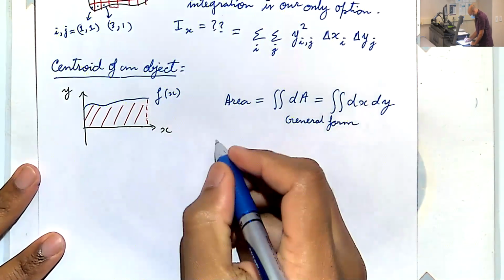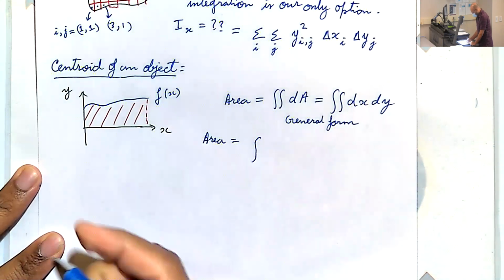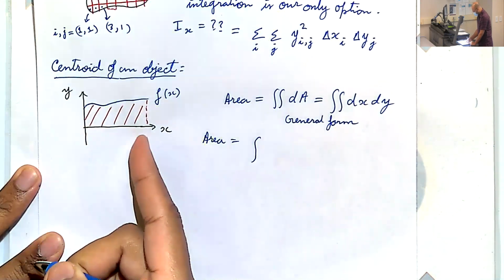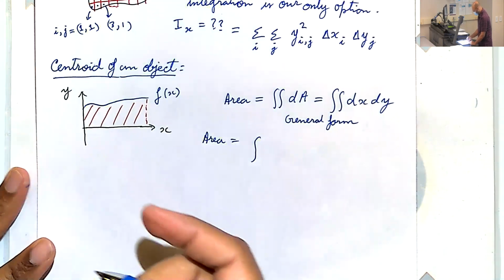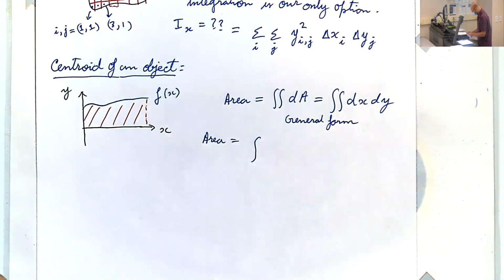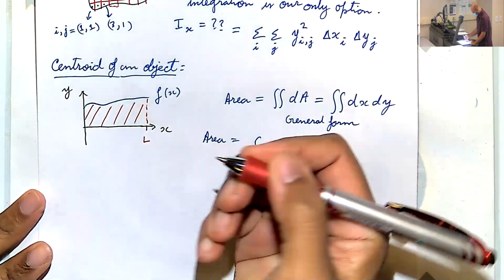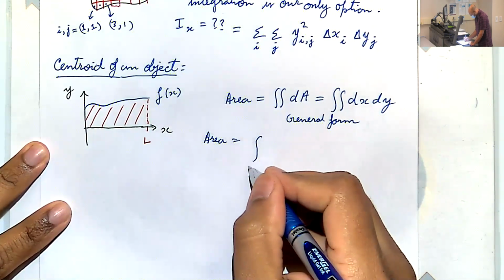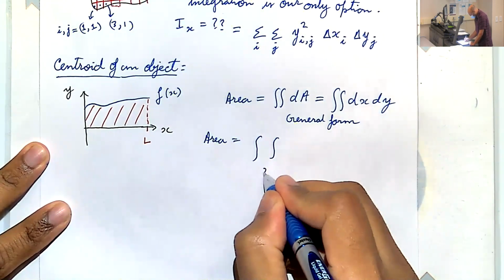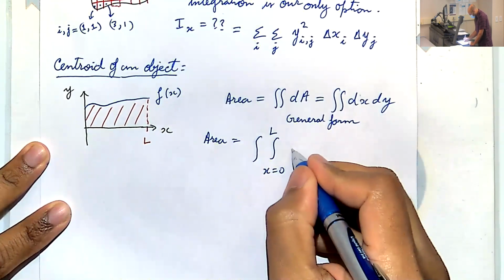Once we put down the limits, we have described our problem fully. So x goes from, let's say, 0 to L. Inside we have just dx and dy.